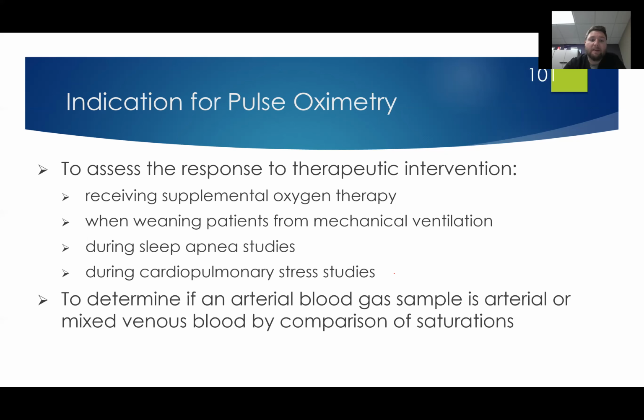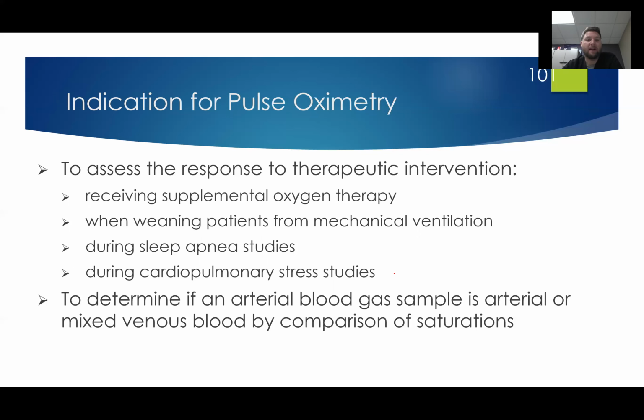Another good thing about pulse oximetry is it can help you determine if your ABG that you drew is actually an ABG. Sometimes when you go to draw an ABG, you don't hit an artery. You end up hitting a vein and you get venous blood, or it mixes together because you hit an artery, then a vein, or vice versa. So you may have venous blood mixed in with your sample and it gives you an erroneous reading.